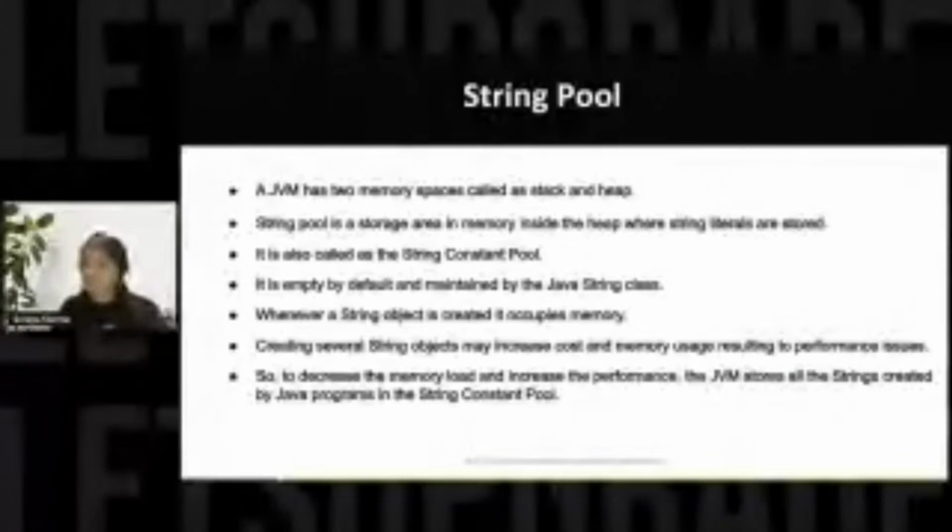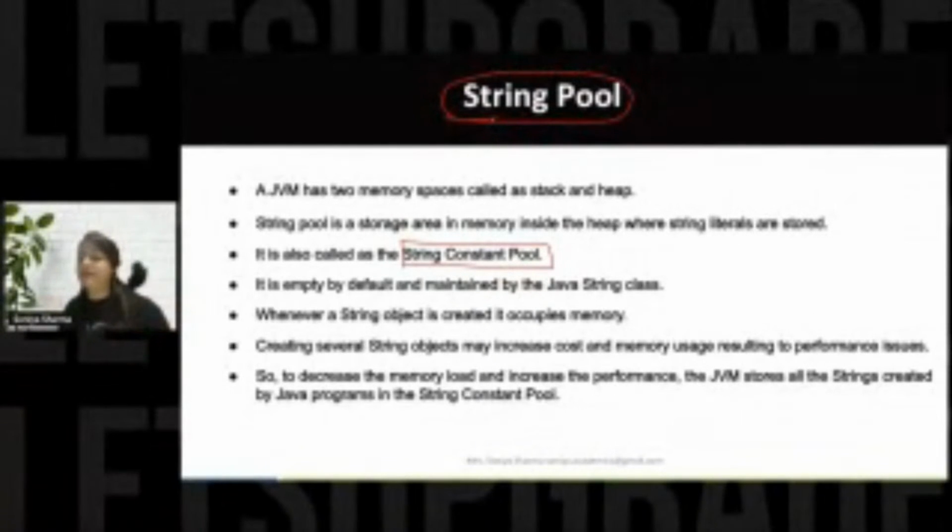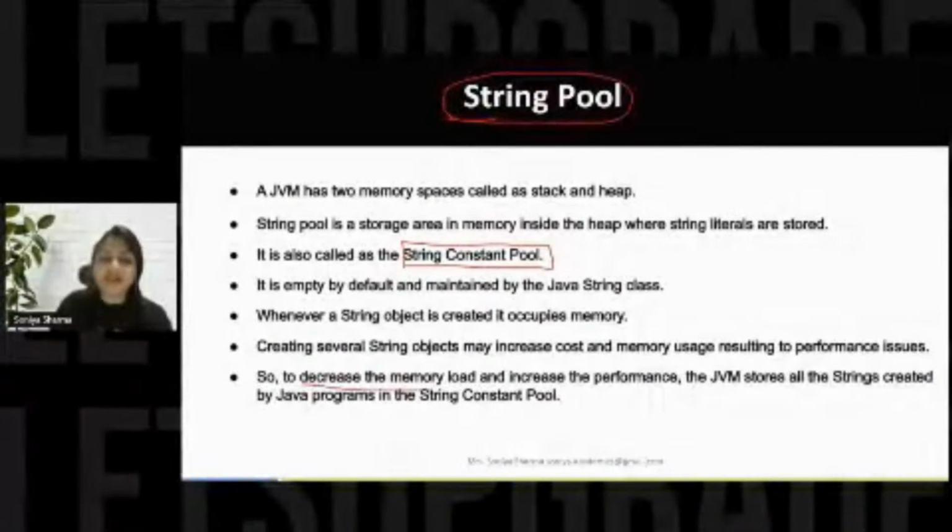String constant pool, you can call it either string constant pool or else string pool. Anything is fine. And why is it done this way? When you are creating a string, it is created in heap memory as well as in the string constant pool, to decrease the memory load and increase the performance.